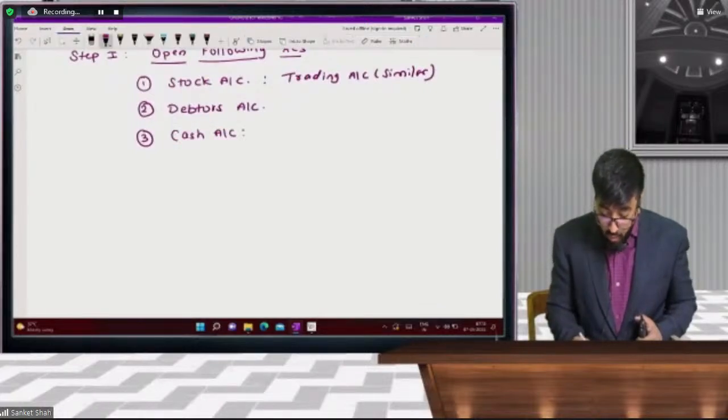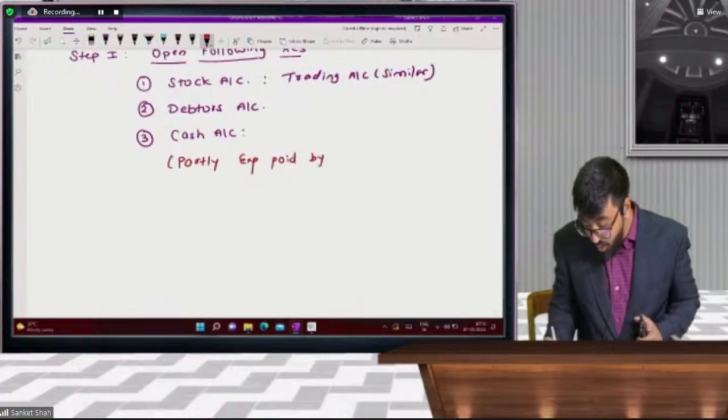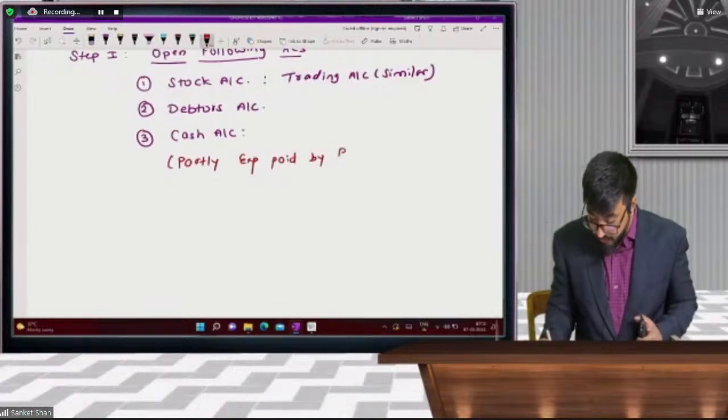But wait. When the cash account is opened, in red pen, write: partly expenses paid by HO, partly paid by branch.